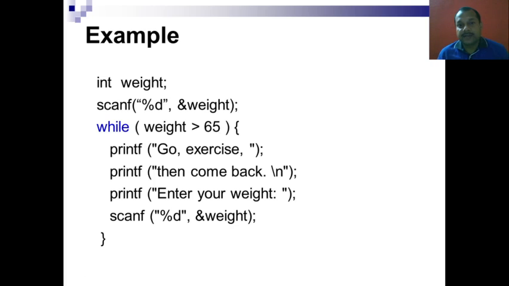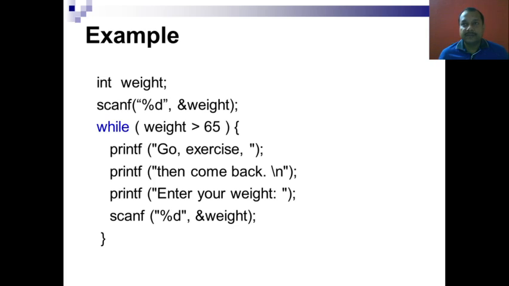Now in this particular case, if there is a wrong input like weight is negative or, say, 0, then it will not suggest going for exercise. Or if weight is even 64, then also it will not suggest to go for exercise. But as long as weight is more than 65, it will suggest exercise. From that point of view, you understand that for this particular example it is not required to check the weight.